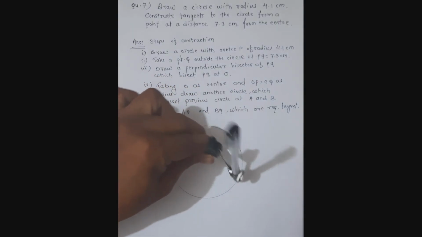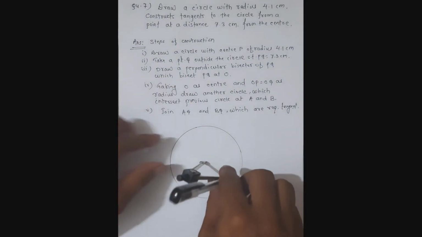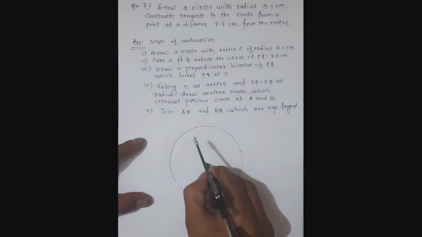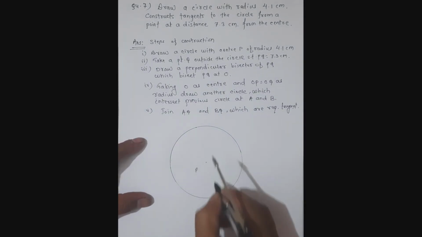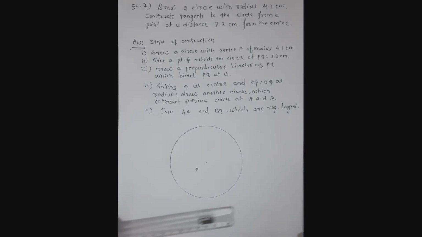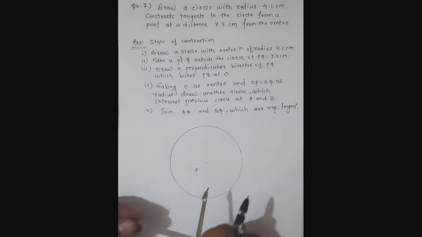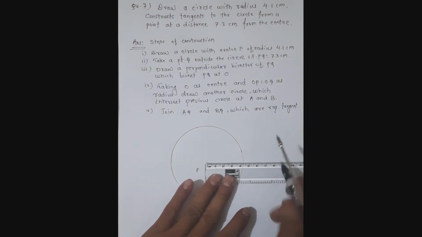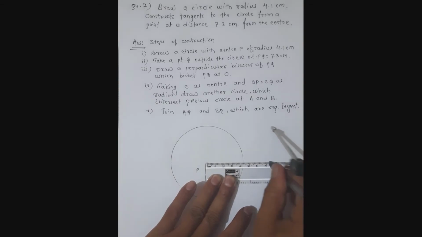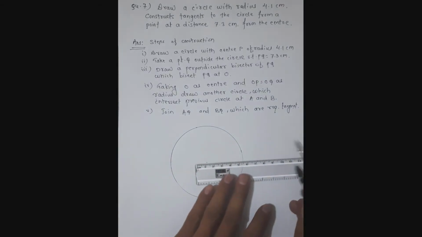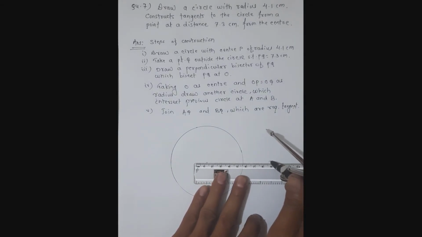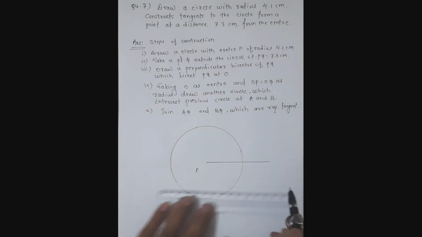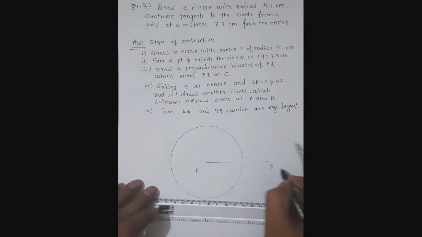So we draw here a circle having radius 4.1 and center P. Then we have to take point Q outside this circle, which is at a distance 7.3. So we take distance 7.3 with the help of this ruler. So we join this point Q with point P. So this is point Q.